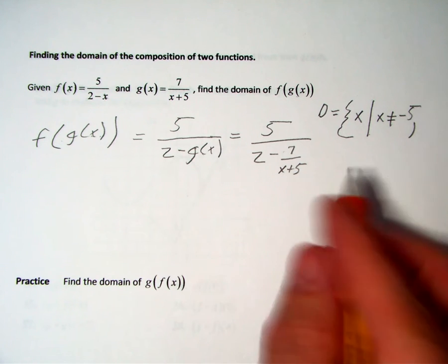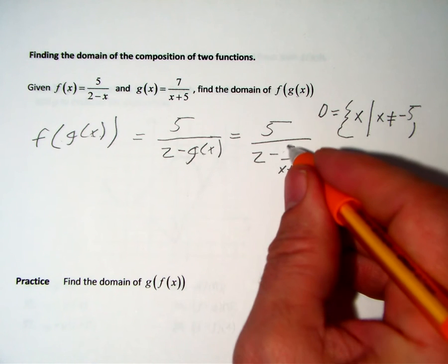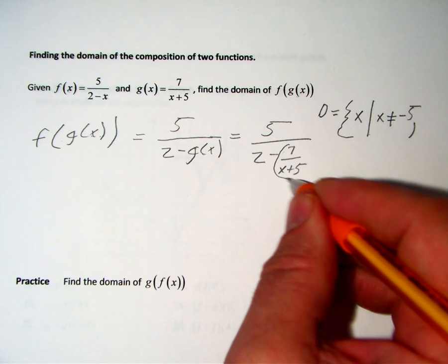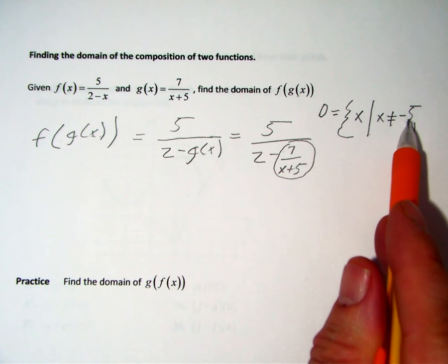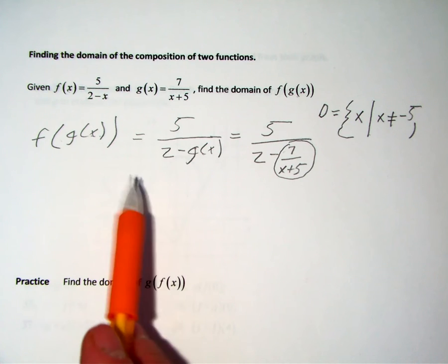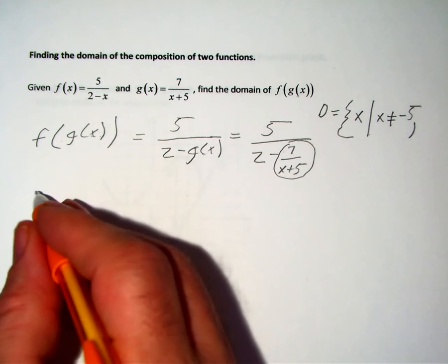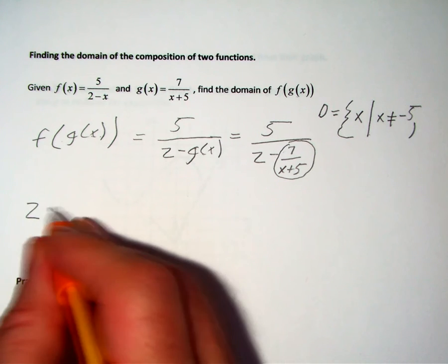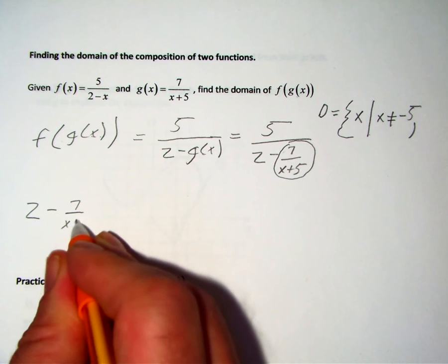Right, folks? Now, all we did here is make sure it didn't blow up right here, right? That's a fraction, isn't it? And you cannot divide by 0, so we ensured that negative 5 is not a suitable input to this composition, okay? Now, but guess what? We have another bigger fraction, so let's write that down. I say bigger, 7 over x plus 5.